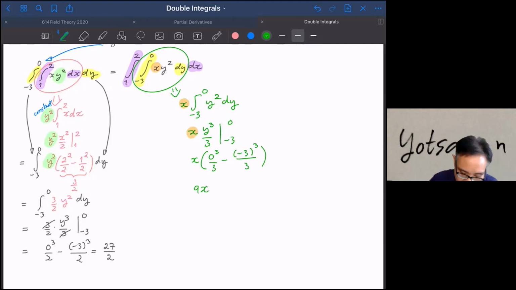And you just bring down the outside integral.